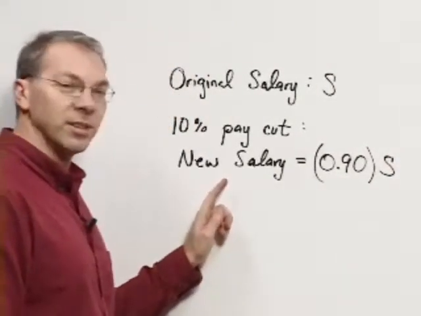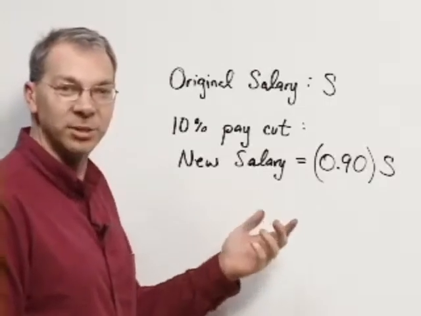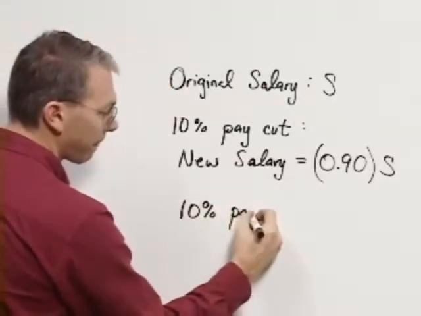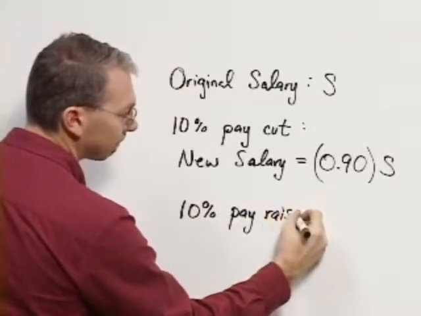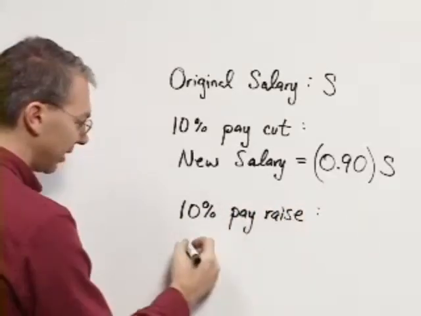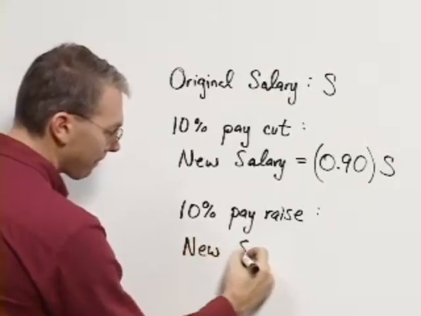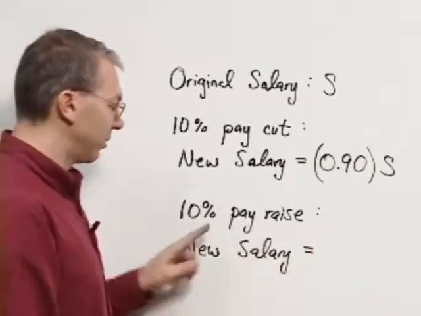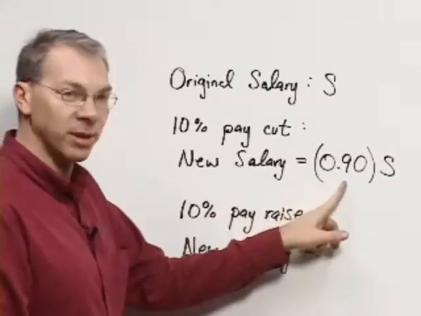Now, after you took a pay cut, a year later, you receive a pay raise, 10%. Now, what's your new salary? Well, now your salary will be 10% more than what it was before.